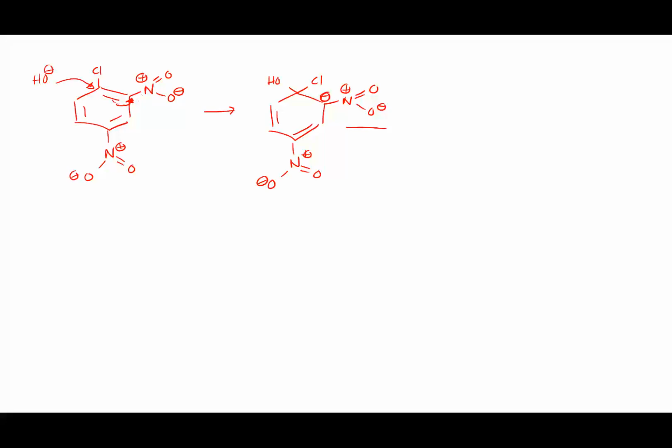Because the N plus would be withdrawing electron density through induction, but then I could also take this pair of electrons and move it here, and then move that pair of electrons on the oxygen. So again, I never violate the octet rule, and if I did that, then I would have a double bond to the N. The N would still have a positive charge on it.